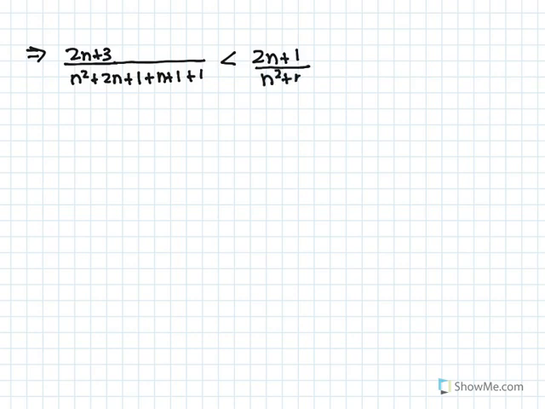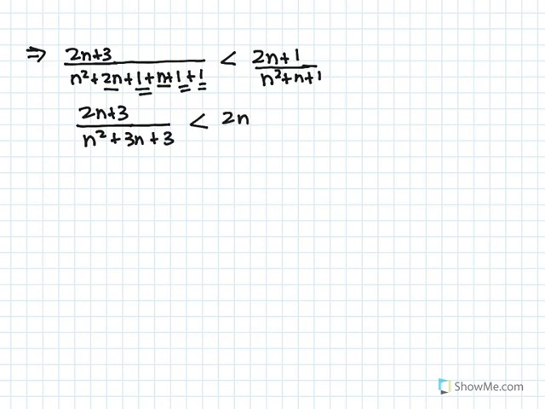So basically we're just simplifying this. And so simplifying the denominator further, we get (2n plus 3) divided by n squared, and we have 2n plus n, that gives us 3n, and we have 1 plus 1 plus 1, that gives us 3 in the denominator, is less than (2n plus 1) divided by (n squared plus n plus 1).